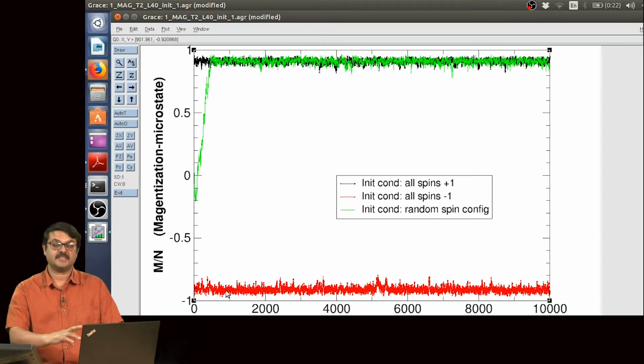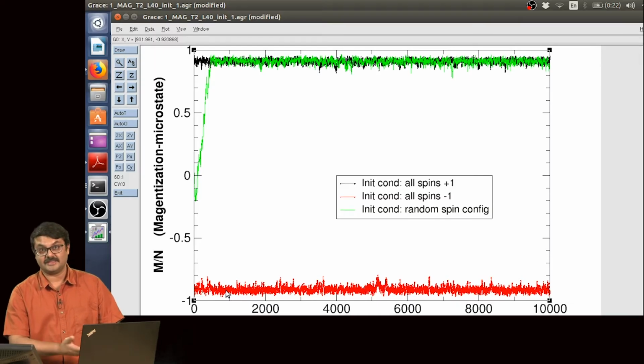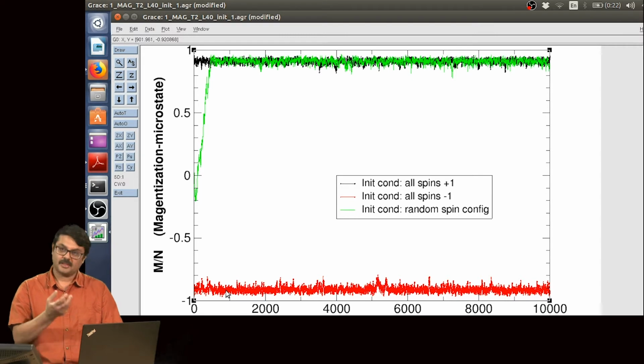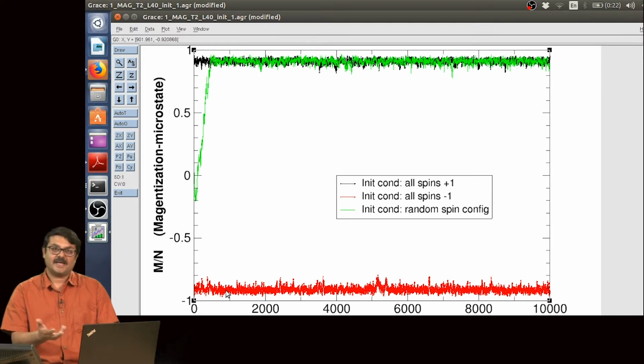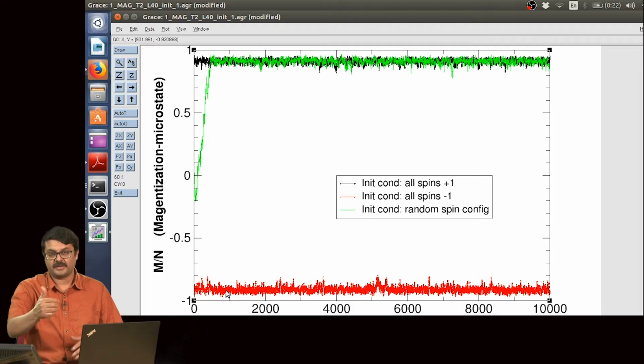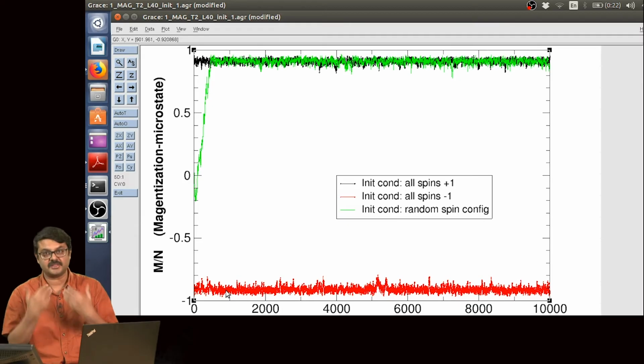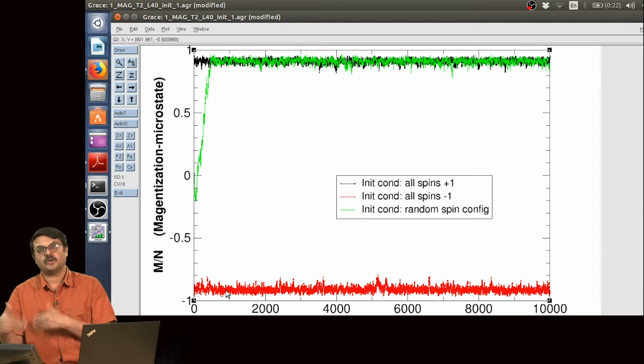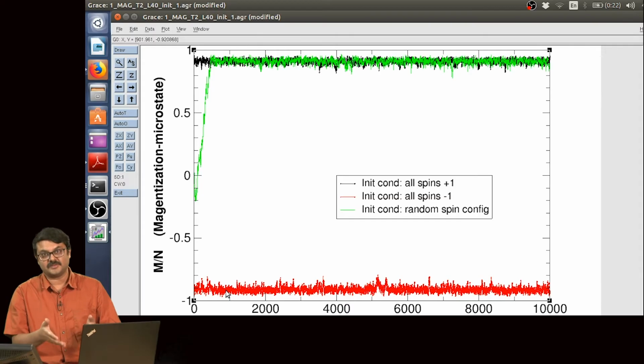You might say that the value of the magnetization is drastically different from +0.9 to -0.9, but the point remains that whether you call this up or this up, it is a matter of convention. The thermodynamic state is 90% of the spins pointing up or down predominantly and a few pointing in the opposite direction. So, that determines the thermodynamic state of this system, right.